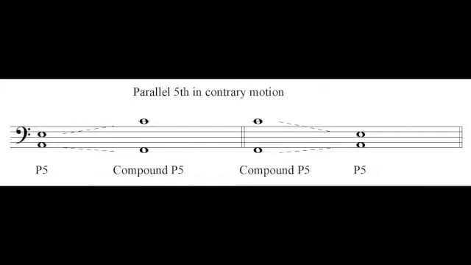Now let's examine contrary fifth. This is when parallel fifth is moving in a contrary motion. Perfect fifth between A and E is moving in a contrary motion in the example. In part writing, only the bass and tenor can have these issues.